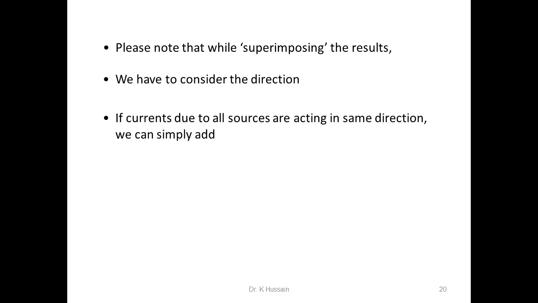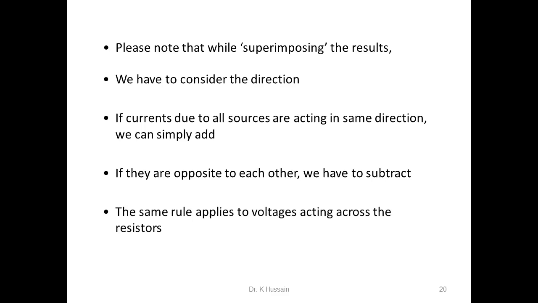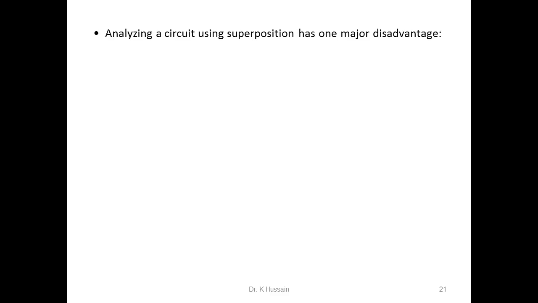If currents due to all sources are acting in the same direction, simply add. If they are opposite, just subtract. That is only here, minus you will get, right? A subtraction is nothing but the addition of a negative. The same rule applies to the voltage acting across the resistor. There you have to see not directions, but the polarities.